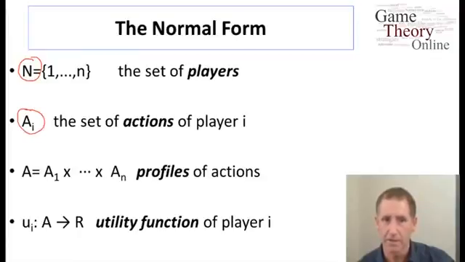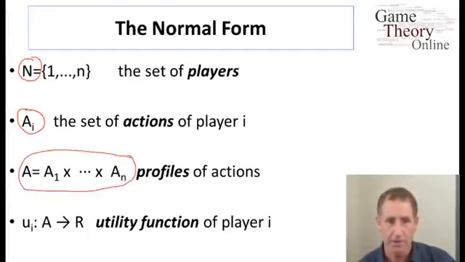Player i has a set of actions, capital A sub i. An action profile, which we denote by capital A, is simply the Cartesian product of the individual action sets. So the vector little a1 through little an, the action profile, will describe which actions each of the agents has chosen. Finally, we need to say what agents care about, and that's where the utility function comes in.